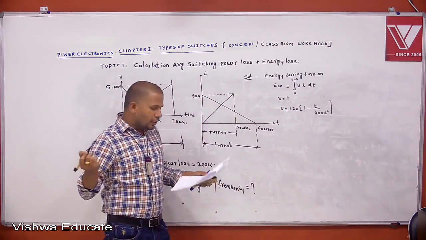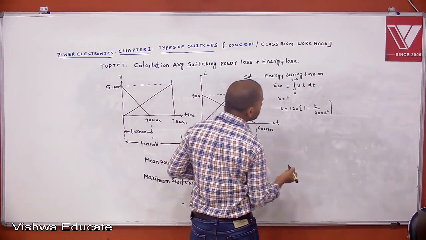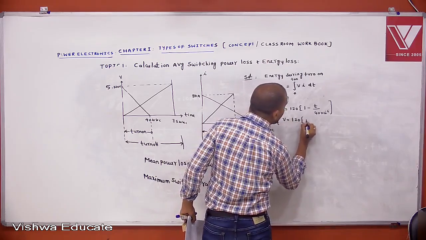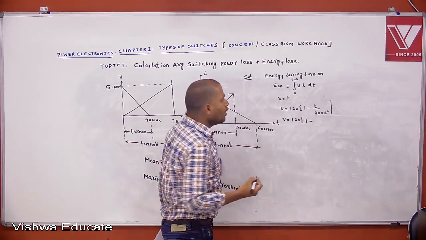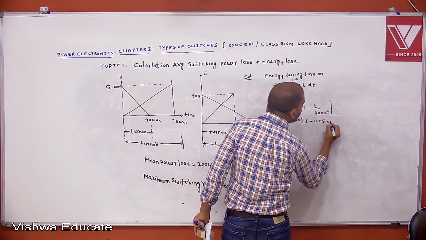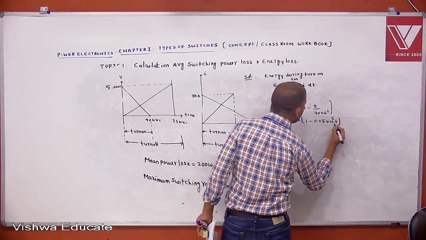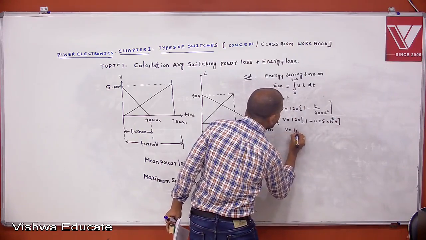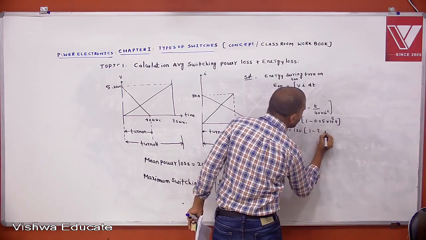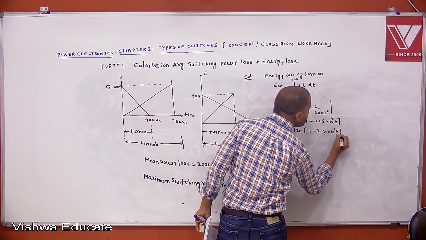Then you simplify this. What expression can we get? V equals 120 into 1 minus 1 by 4, meaning 0.25, into 10 to the power of 5, into T. Then V equals 120 into 1 minus 2.5 into 10 to the power of 4 into T. This is the equation for V.